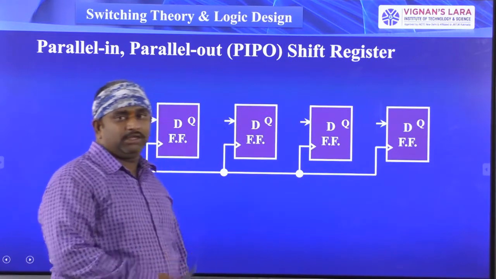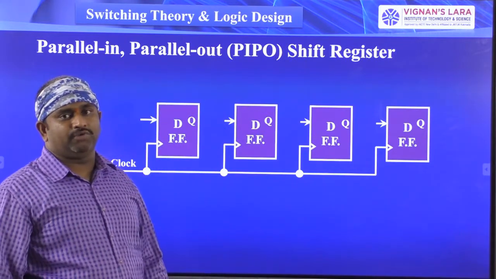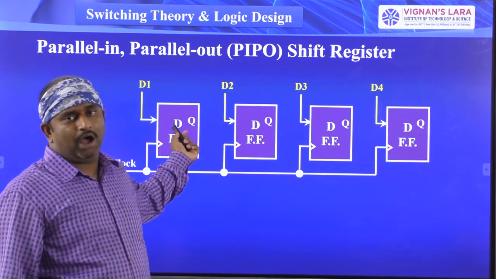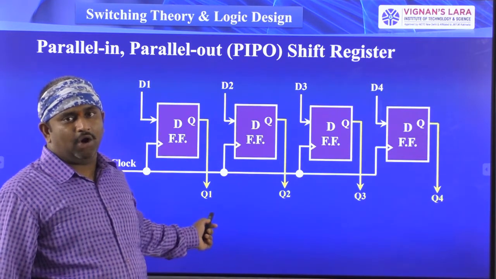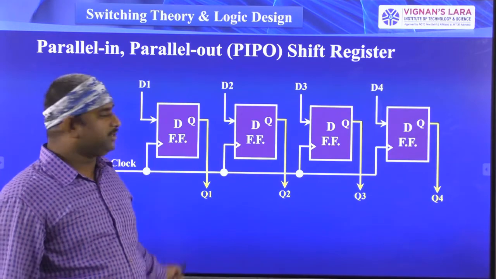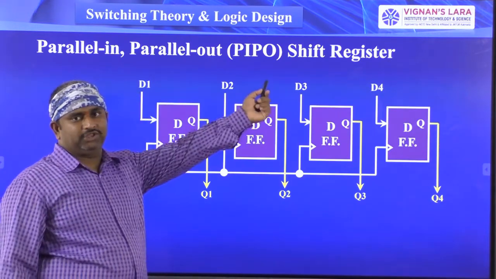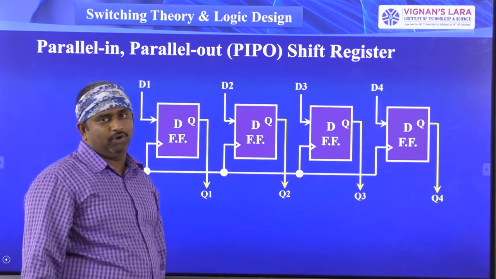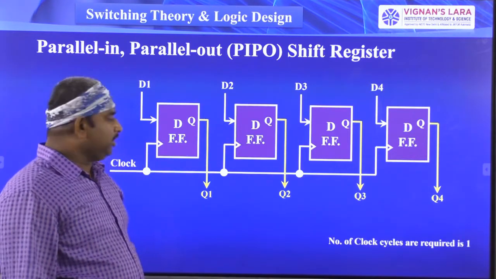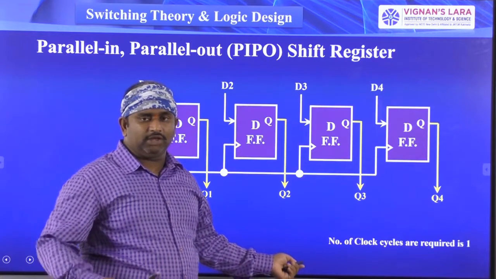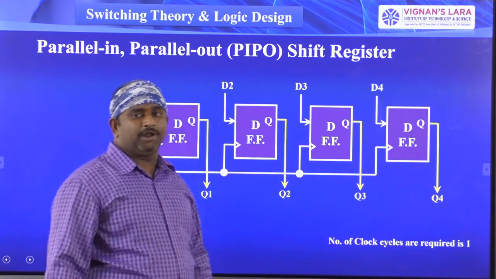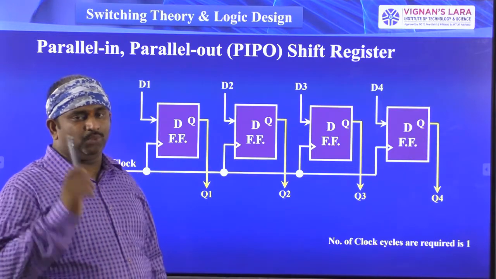Next, this is a parallel input, parallel output configuration, and here we are giving the data parallelly to all the flip-flops, and we are collecting the outputs parallelly from all the flip-flops. So parallel input D1, D2, D3, D4 I am giving, and I am connecting the outputs Q1, Q2, Q3, Q4. For getting the output in this parallel input, parallel output configuration, the number of clock cycles required is only 1.